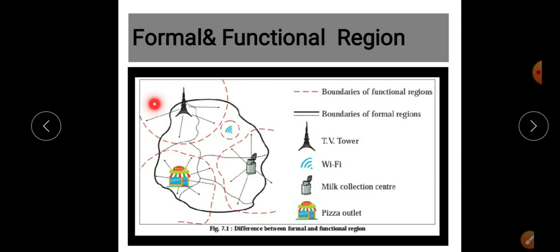So here is another formal region, another formal region, and here is also another formal region. So the mixing of regions we can observe with the help of this figure. So in this way, in one formal region, several functions are also developed.